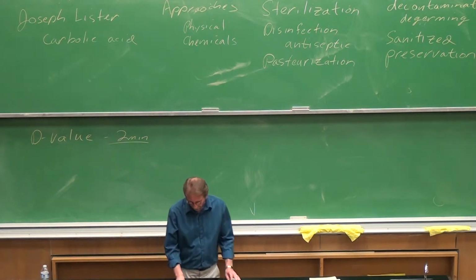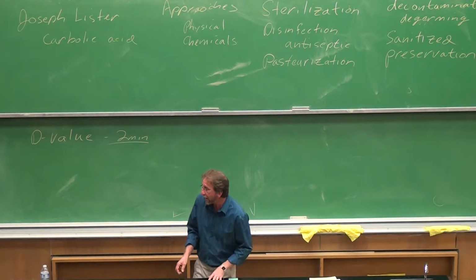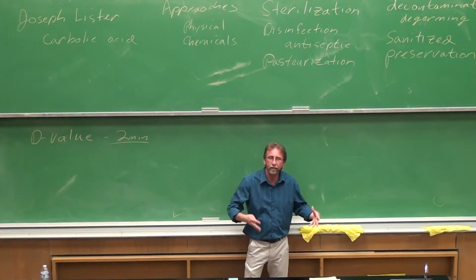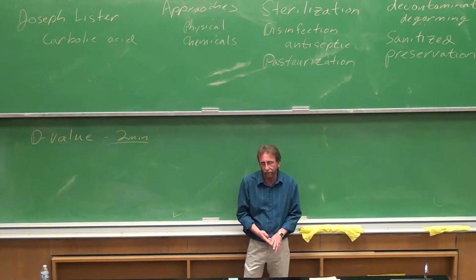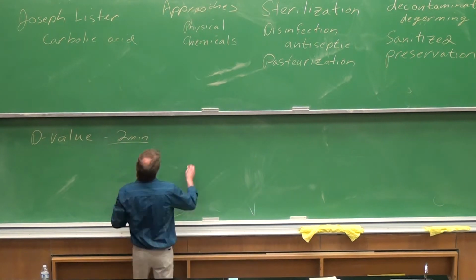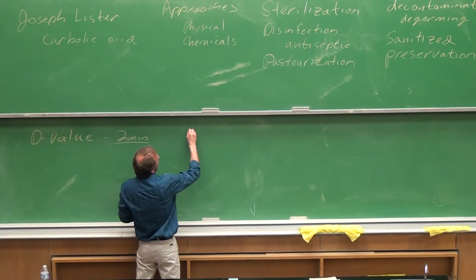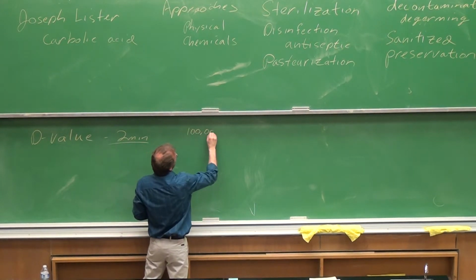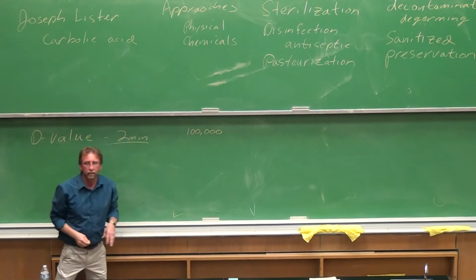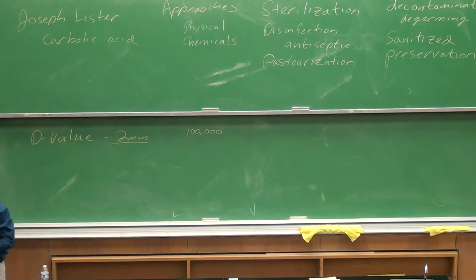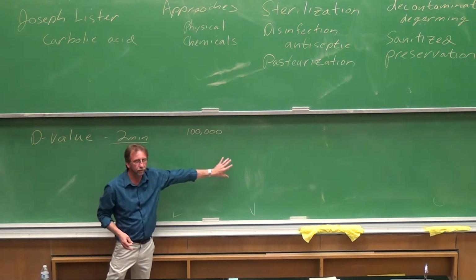The effectiveness of killing bacteria has a lot to do with the concentration of bacteria that you might have. So imagine, using this D value, if we had 100,000 cells and we want to reduce this count to 1 cell, how long would we have to expose the surface to our cleaning agent?